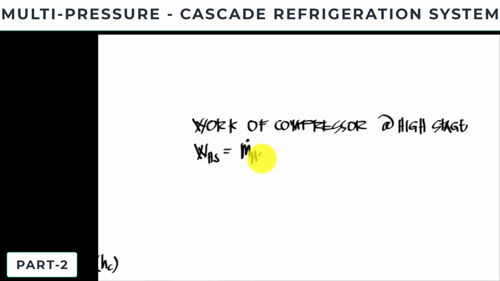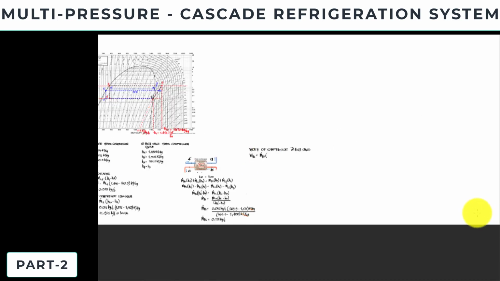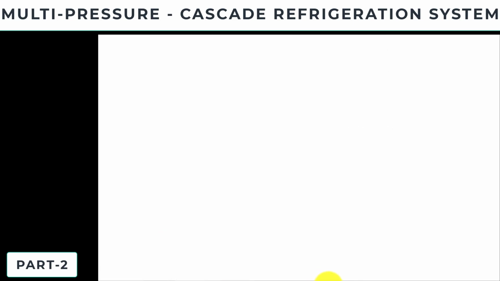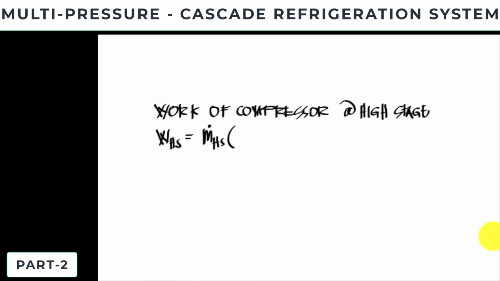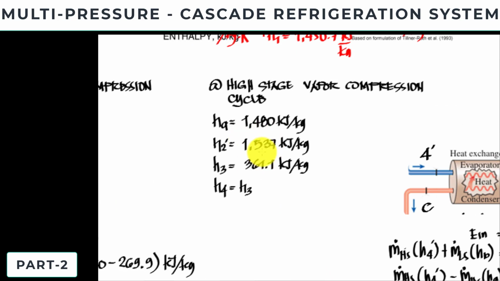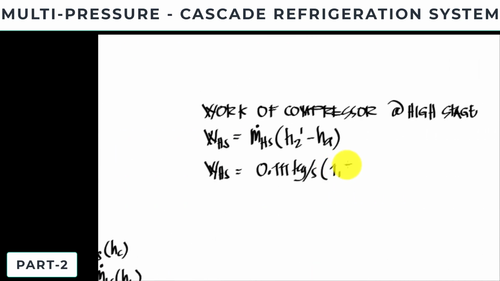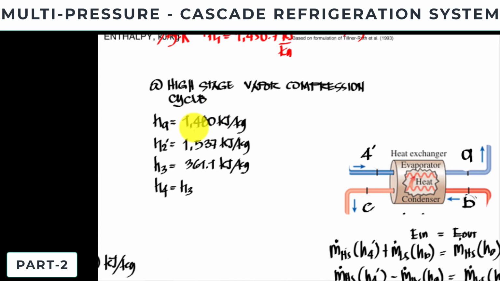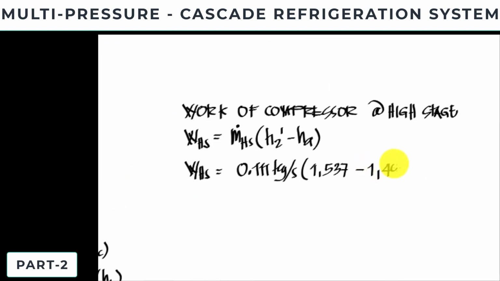This will be the mass flow rate of my high stage times, let's check the schematic diagram here, enthalpy 2 prime minus enthalpy A. So for the work at the high stage, we have 0.11111 kilogram per second, then the value of enthalpy 2 prime is 1,537 minus enthalpy A, 1,480 kilojoule per kilogram.